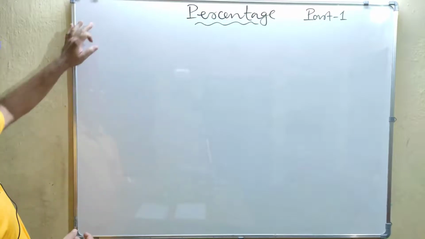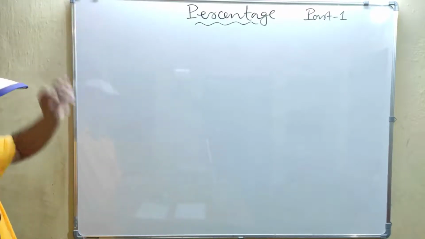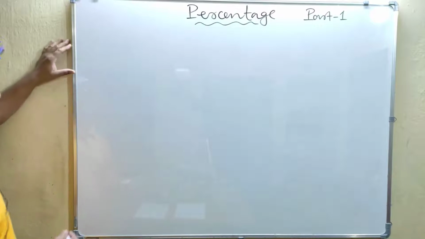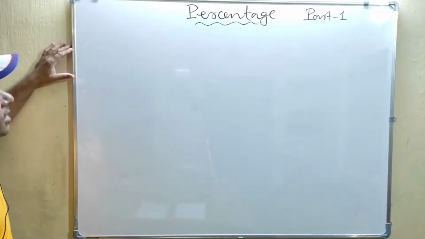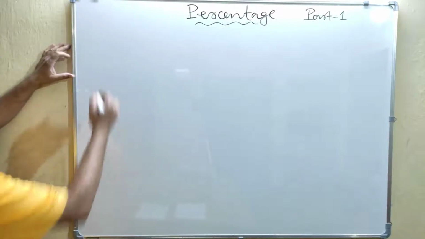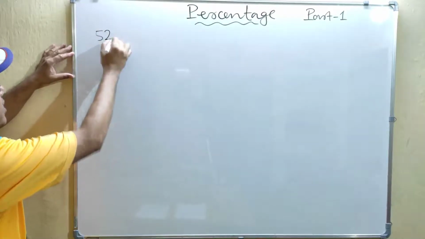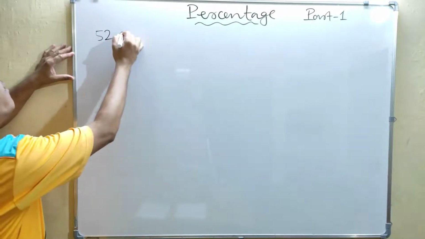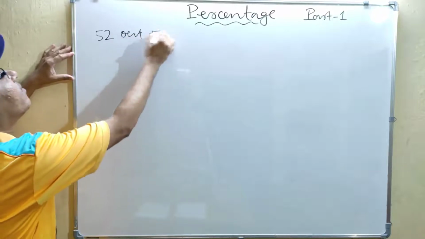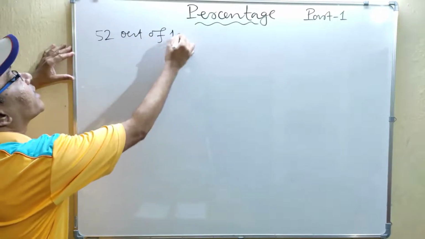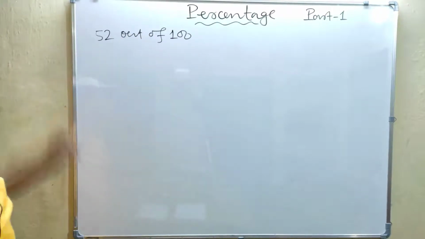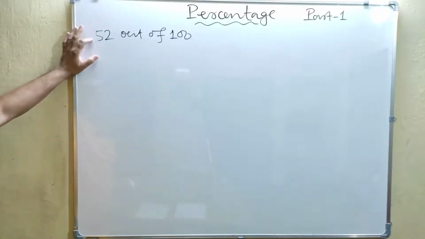Suppose we generally use these things in our real life. Suppose a student got 52 marks in any subject out of full marks 100. In any subject a student got 52 marks out of 100.